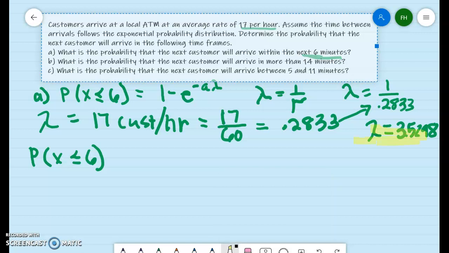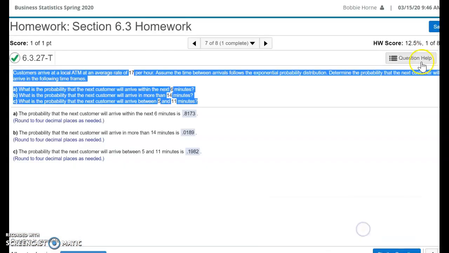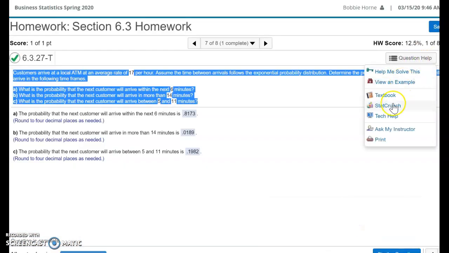So now we have our information that we need, 3.5298, and we're going to use technology here. So we need to know the mean, and we need to know how to put in the probability in this problem. So how do we use technology? There's more than one technology, of course, you can use. But we're going to use StatCrunch.